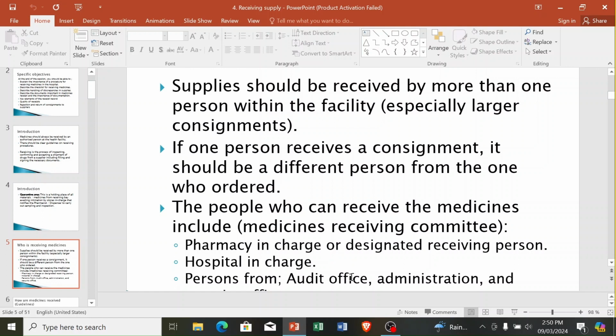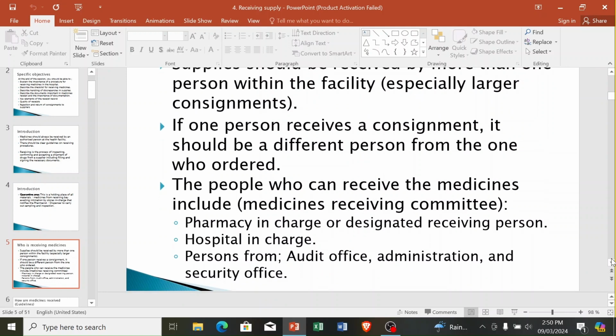And then we have a hospital in charge or administrator, who should be present. And then we have persons from the audit office, people responsible for audit. It can be national audit, external audit, or internal audit. And then administration is required to be around.